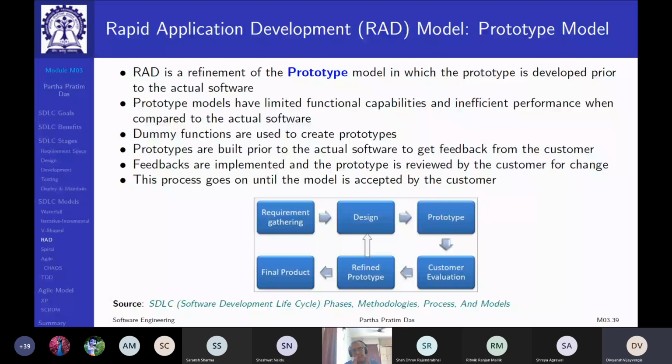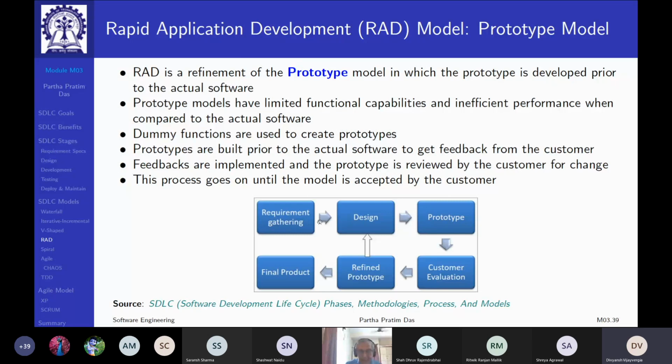In a RAD model, you try to build a small prototype of whatever is required. Right? So in that way, it has a similar principle, but the focus here is not merely on execution through iteration. The focus here is that at every point, you must have a prototype which is well defined, which can be shown to the customer and can be further refined.